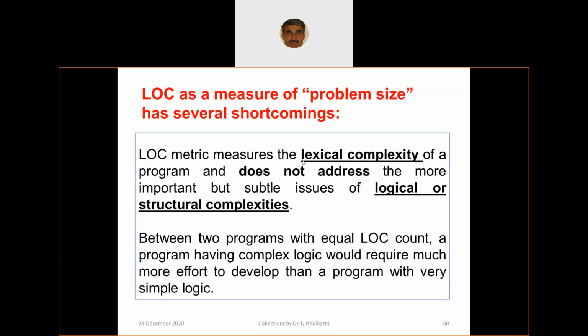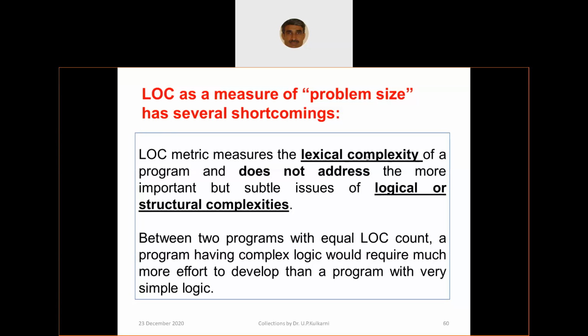Look at that, lines of code is a lexical complexity. I mean, the structure and syntax, whatever you put in that, but the logic or the structural complexity involved in that may not be captured. You write a complex equation, but the effort required to build that equation may be very high. Sometimes you may have to research it and build the equation relating different parameters, how one parameter varies with another parameter, and use that as one expression which you might have studied in first year C programming.